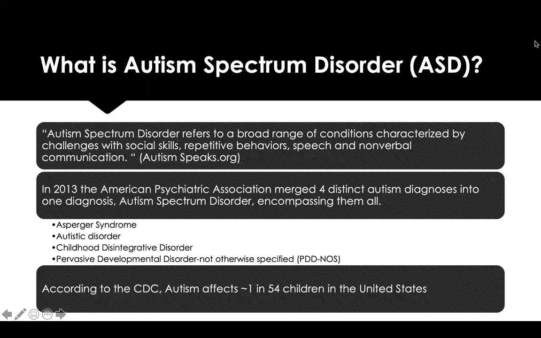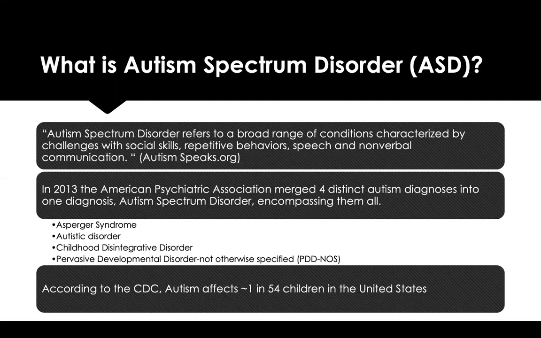So what is autism spectrum disorder, or ASD? Autism spectrum disorder refers to a broad range of conditions characterized by challenges with social skills, repetitive behaviors, speech, and nonverbal communication.